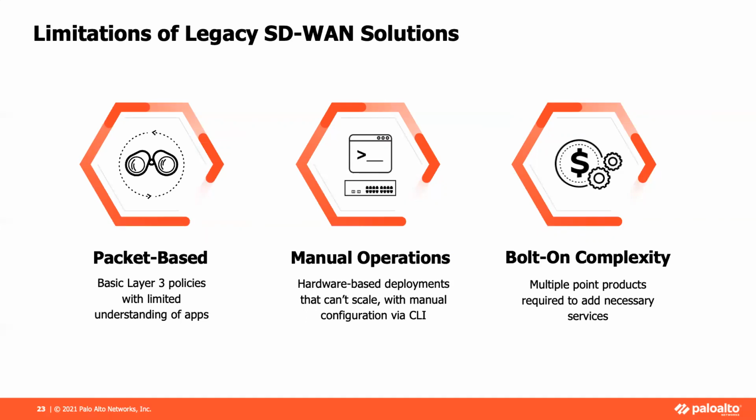Now, that was an improvement upon the old MPLS or lease line or dedicated link, because now you could use ISP providers with VPN links and stuff like that to give you a little bit better performance and give you more reliability and give you multiple paths.